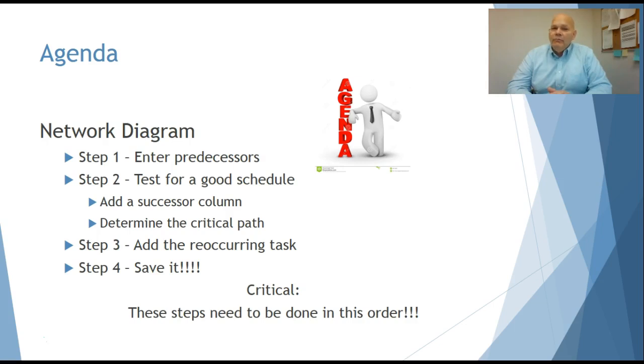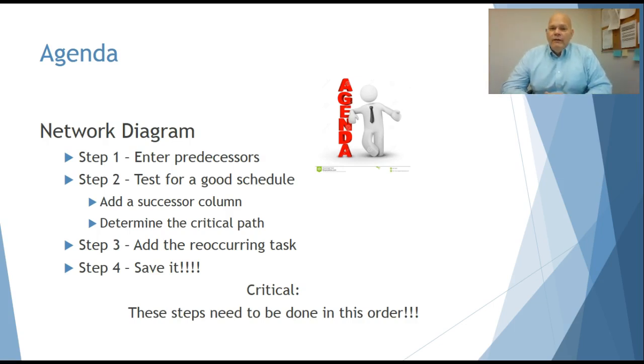Step 1, adding predecessors. Step 2, testing to make sure that it is a good schedule. Step 3, adding that reoccurring task. If you recall during video number 4, I said we would be discussing that weekly meeting on Mondays this time around. That is the reoccurring task.